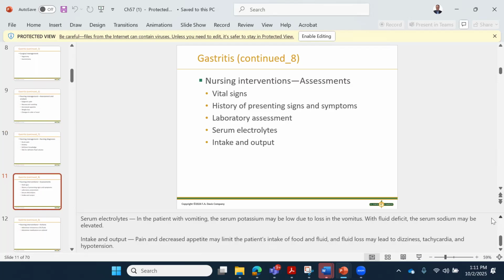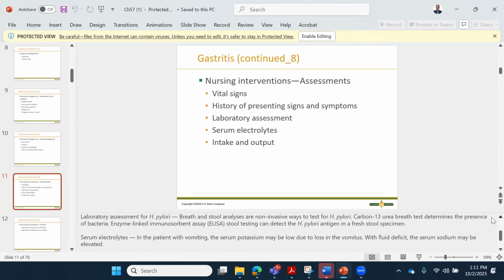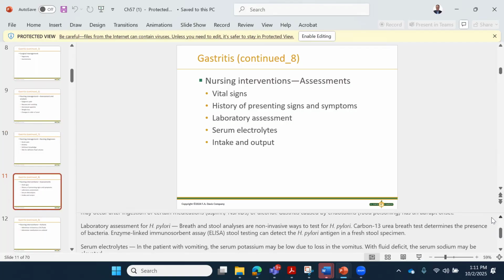Also, you want to think about the type of testing again for H. pylori, for the presence of H. pylori to detect for that condition, since that is a treatable condition, that is a common cause of gastritis and peptic ulcer disease.